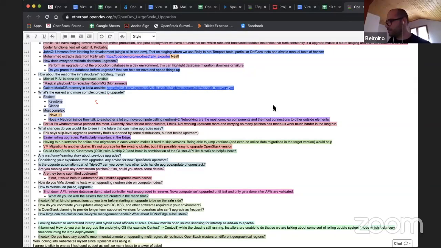Well, I think it's very nice that we have that in the code. We used it last time, but it was something that we were already doing. So it was in our tools, so it was nothing new for us. Because the upgrade checkers basically check if you are running the latest version of your database schema.